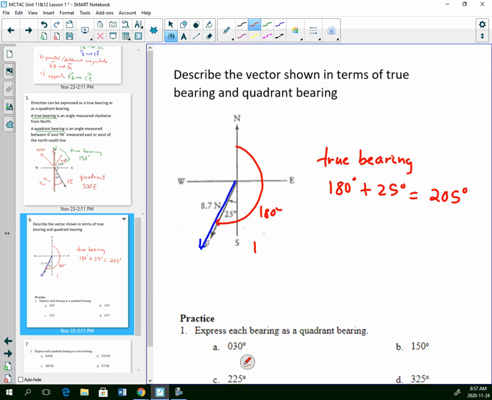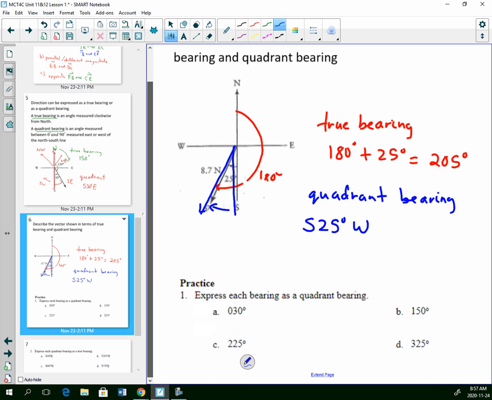So measured as a true bearing, it would be 205 degrees. So 180 plus 25. If I were doing it as a quadrant bearing, I am starting at south and I'm headed towards the west. So it's south 25 degrees west. Okay.